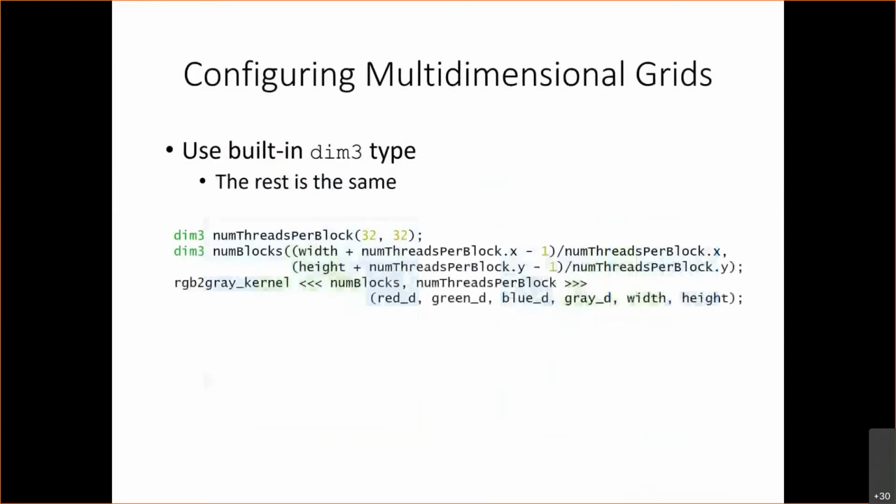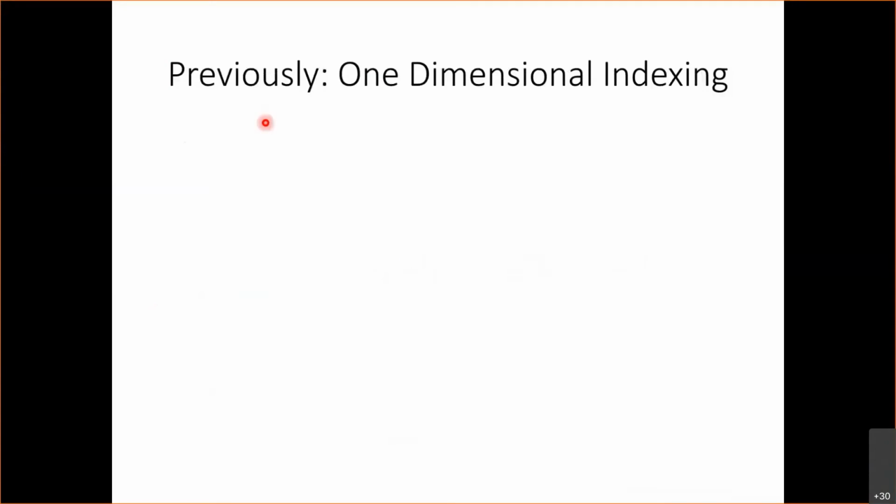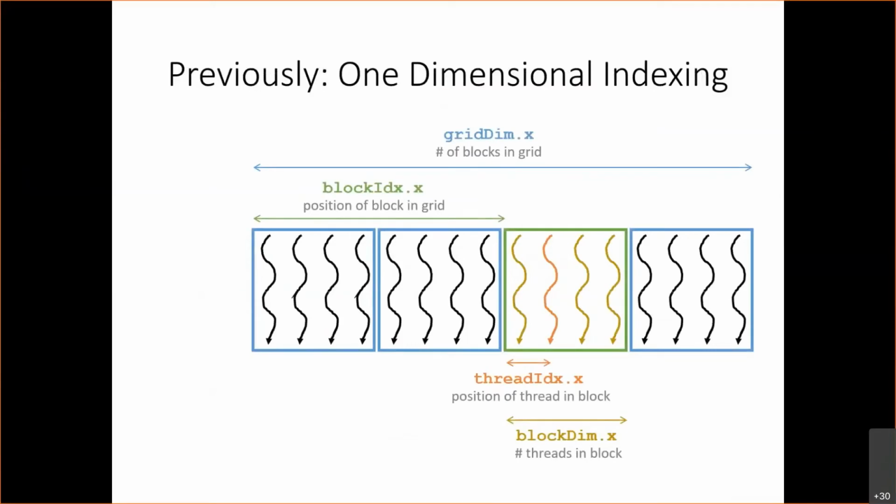So this is the code that we just wrote for configuring multidimensional grids. As a reminder, I'll always try to have the code that we write in the slides so that you can refer to it later on. Previously we saw that grids have these dimensions, and we have these keywords so that each thread in the grid can distinguish itself from other threads.